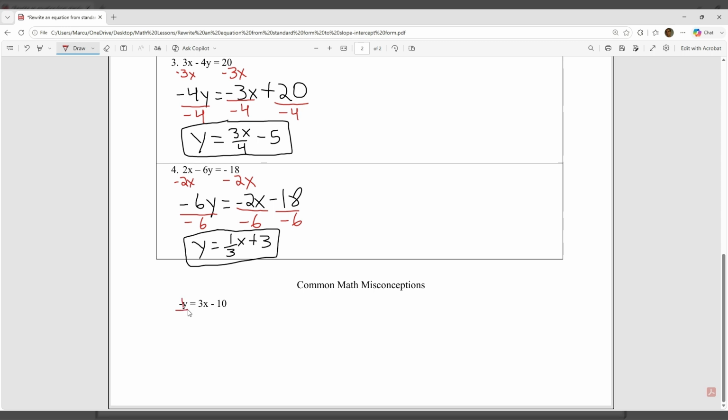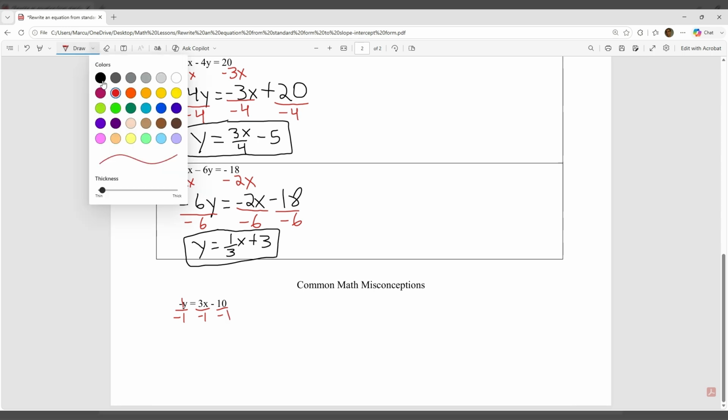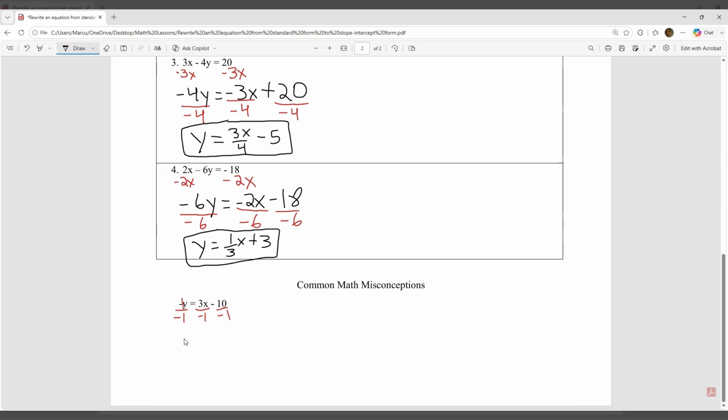So what you want to do is you want to divide all terms by negative 1, like this. So we're going to get y equal negative 3x plus 10. And now your equation is written in slope-intercept form.